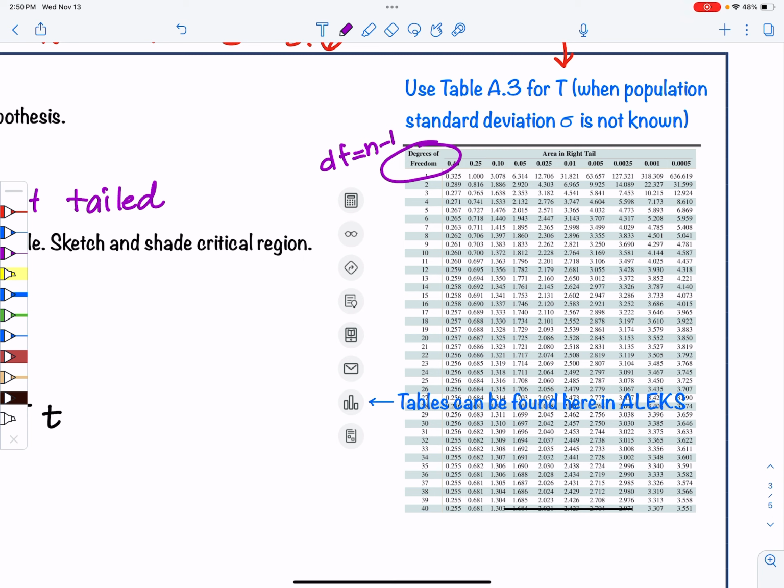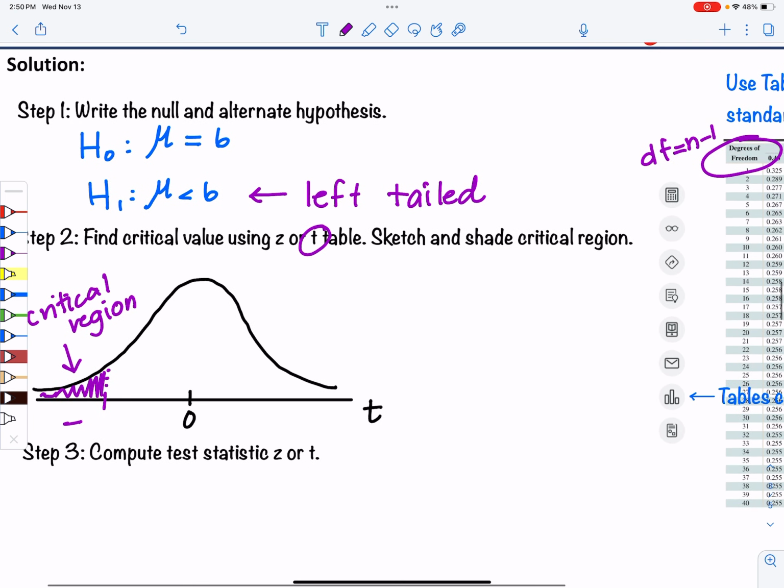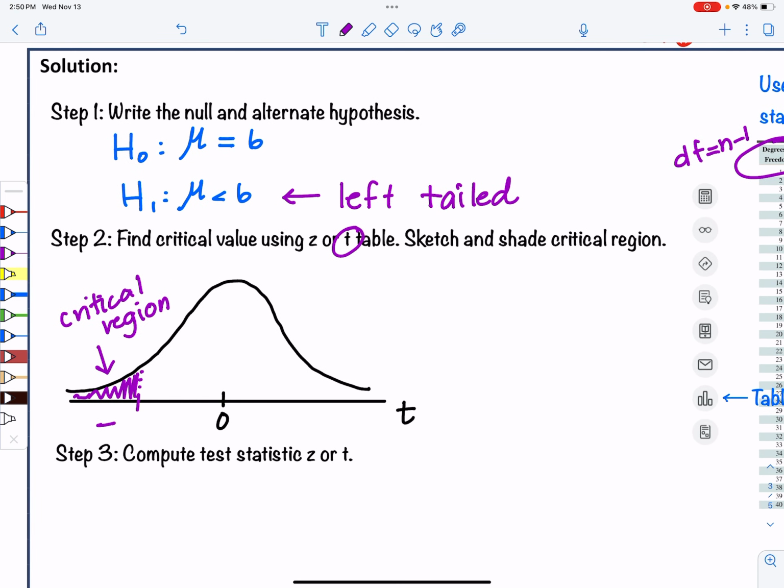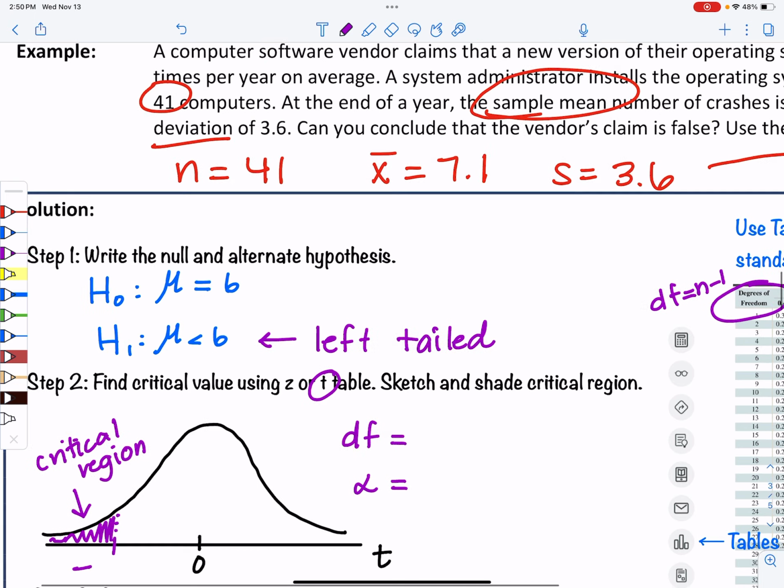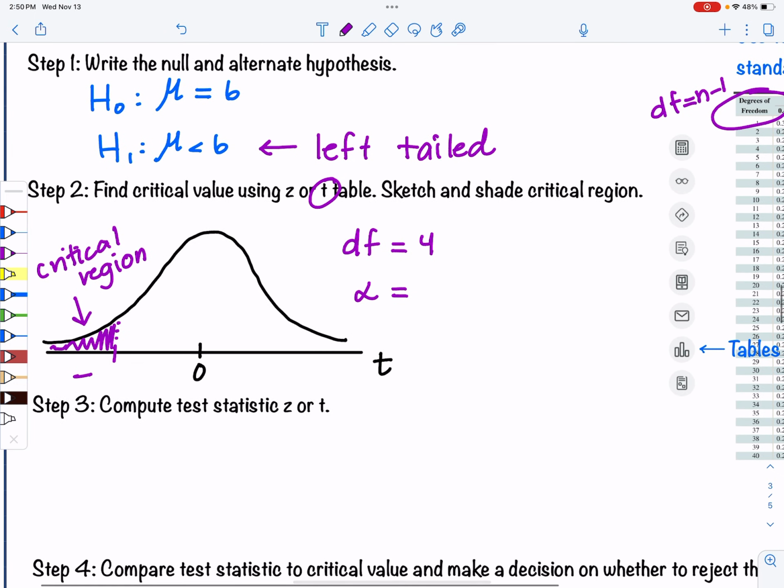And then these values across the top here, these are your values of alpha, okay, that level of significance. So let's come back over here. We're going to need degrees of freedom, and we're going to need level of significance. All right, so our sample size was 41. We're just going to subtract 1 from that to get 40 degrees of freedom.